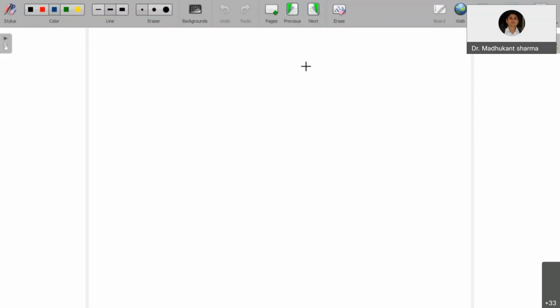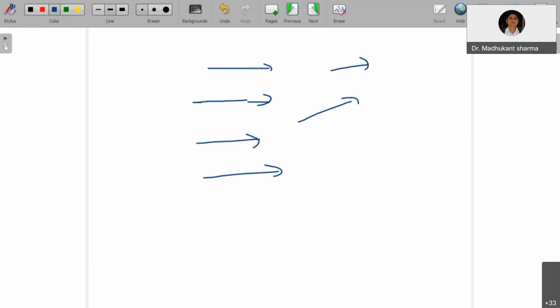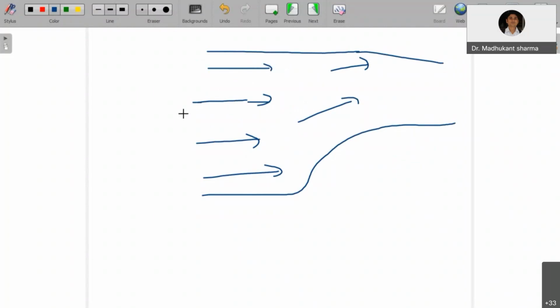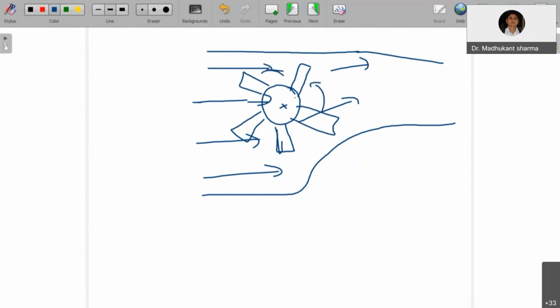Means you have a fluid flow across a channel, and there is some wheel there, and you have some plates here. When fluid is flowing and the wheel is fixed here, it is rotating. So how much circulation?